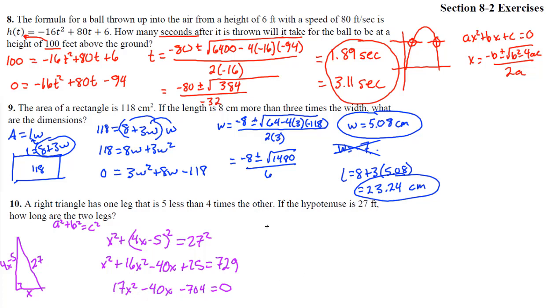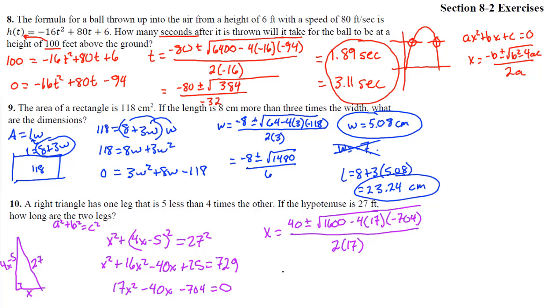Good thing we have this formula. X equals 40 plus or minus the square root of b squared, so that's going to be 1600, minus 4 times 17 times a negative 704, all over 2 times 17.